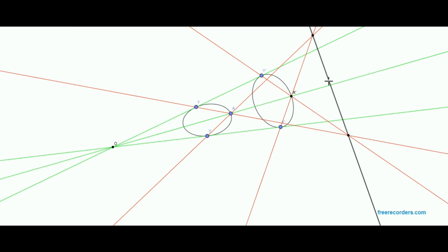And so the other contact points these 2 ellipses have in common are complex points on this line here, this black one. And again, you can check that with the previous method.